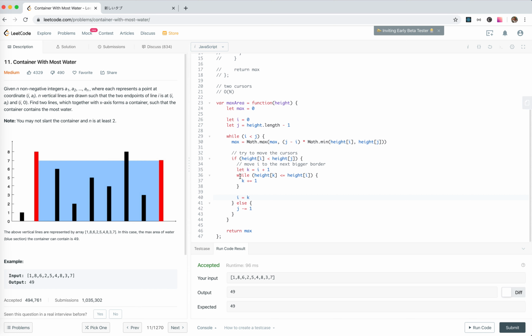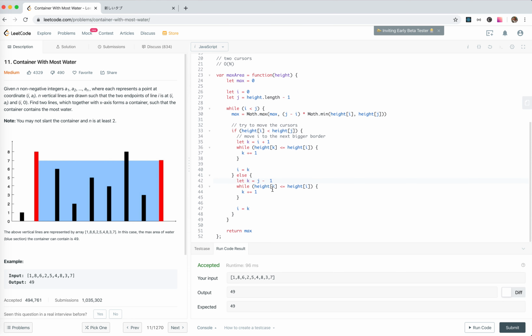And j will be the same: let k equal j minus 1, while k is bigger than i and height k is smaller, k minus 1, so j equals k.